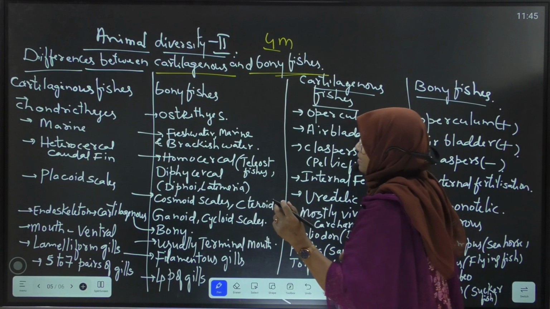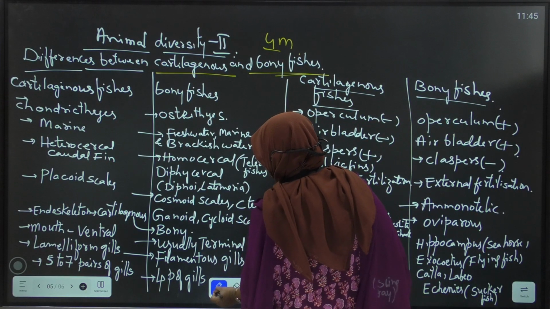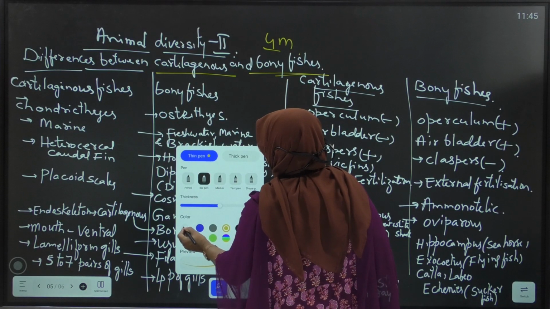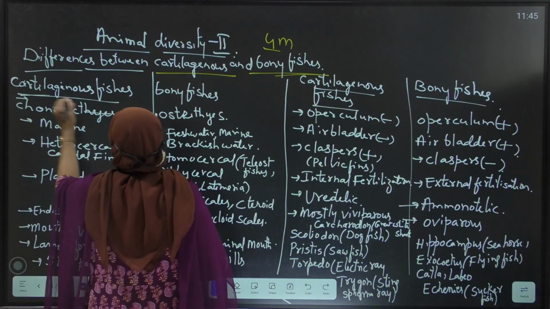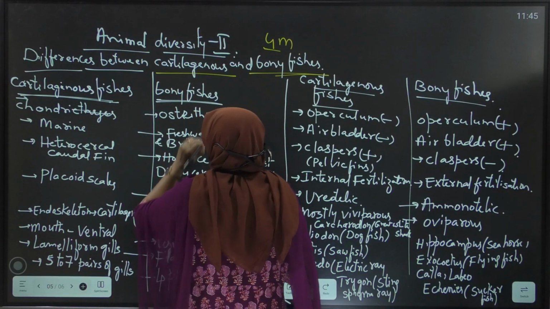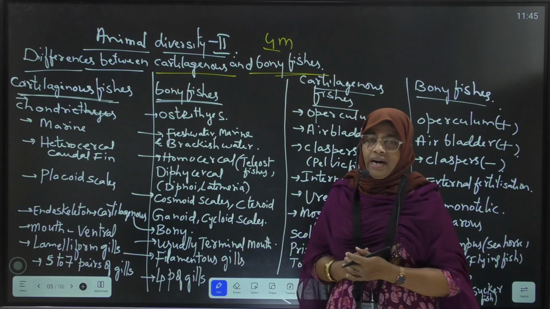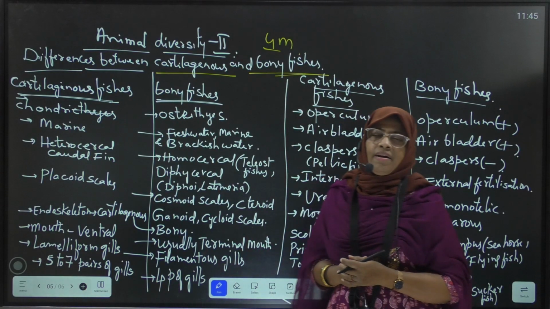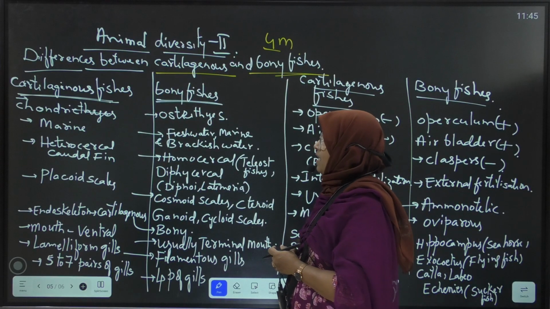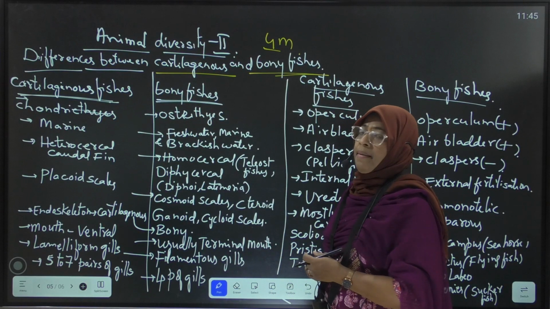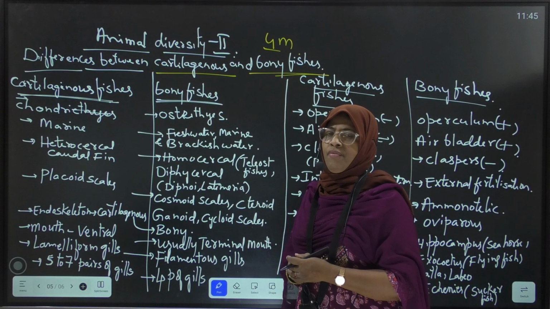First we will discuss what are cartilaginous fishes and what are bony fishes. Before that, I will give you some introduction about the fishes. Fishes are first jawed vertebrates. These are completely aquatic. They live in water.